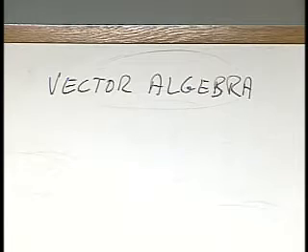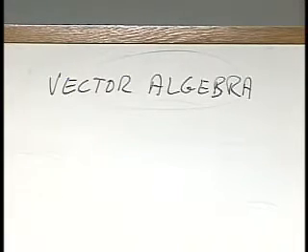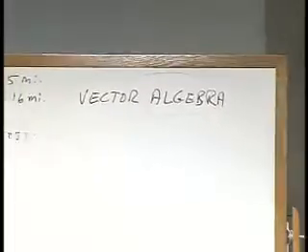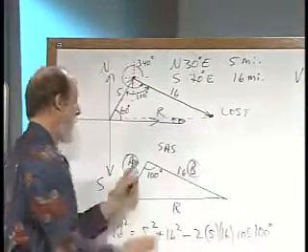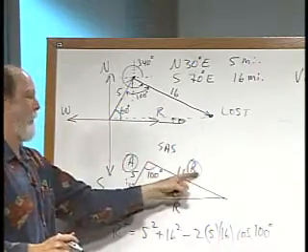Vector algebra. We write each vector. So let's call the first vector vector A, and the second one vector B. So this would be A, this would be B. Those are magnitudes, no arrows on them, notice.